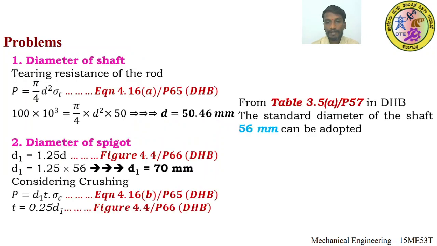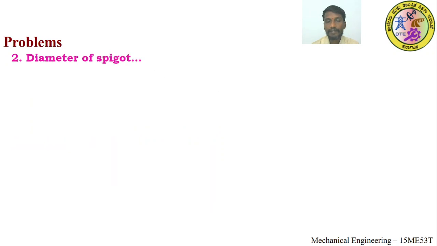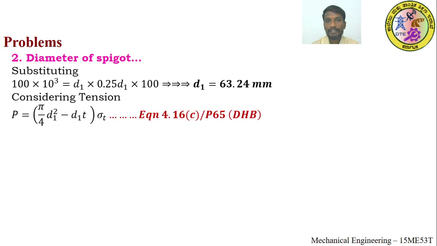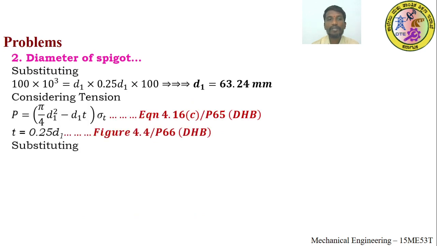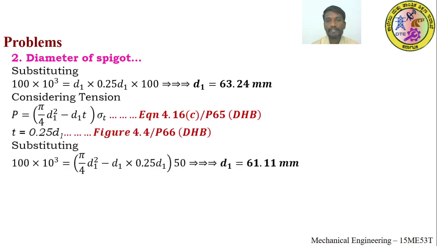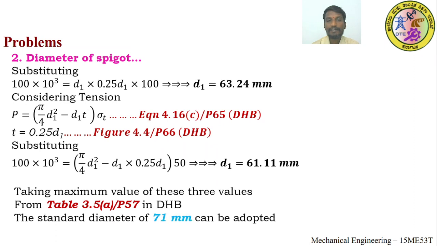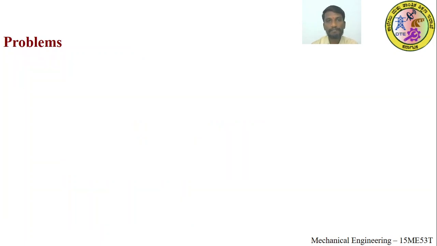In the first case it is 70 millimeter, by crushing 63.24, and by tension 61.11. But the maximum is 70 millimeter. From table 3.5a on page number 57, the standard diameter 71 can be adopted. So this is the diameter of the spigot.